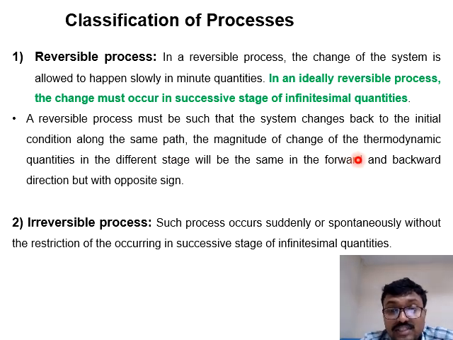The magnitude of change of thermodynamic quantities in different stages will be the same in the forward and backward direction, but opposite in sign. Irreversible process means the process occurs suddenly, spontaneously, without the restriction of occurring in successive stages of infinitesimal quantities.